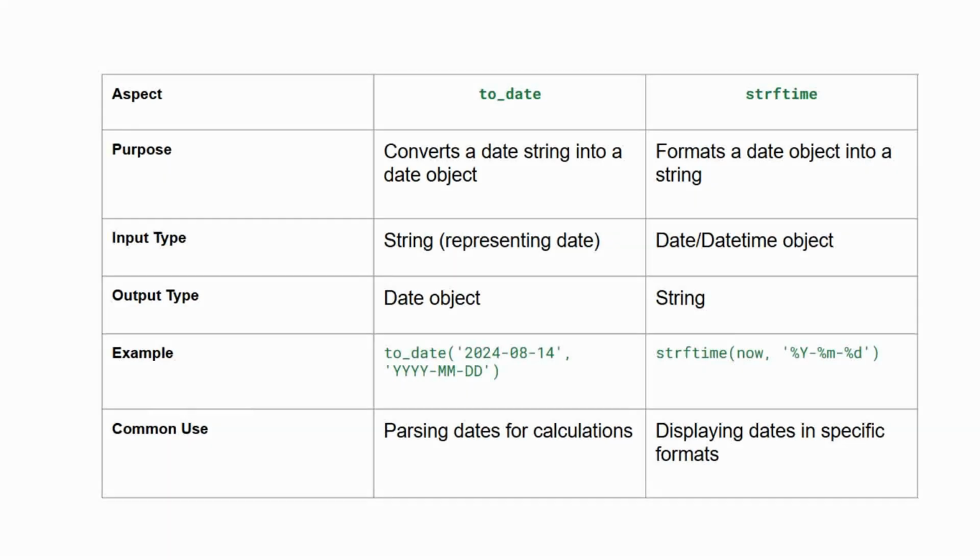There are several ways of doing date formatting in Workato, but I particularly want to focus on the toDate and strftime tags.